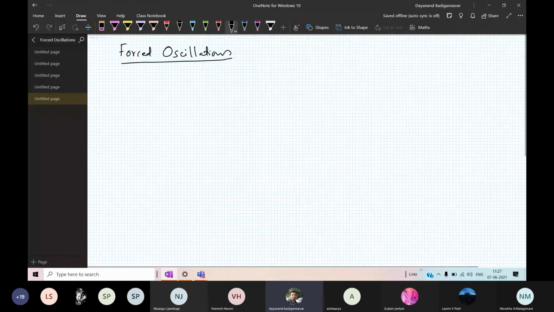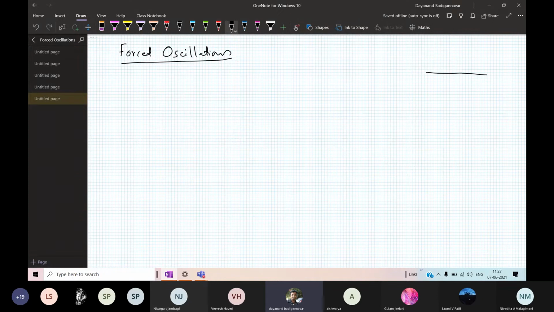Keep in mind, it is just an example I have taken. You can take any system where you have forced oscillations. I have taken a spring mass system for easy explanation. This is just a representative diagram.